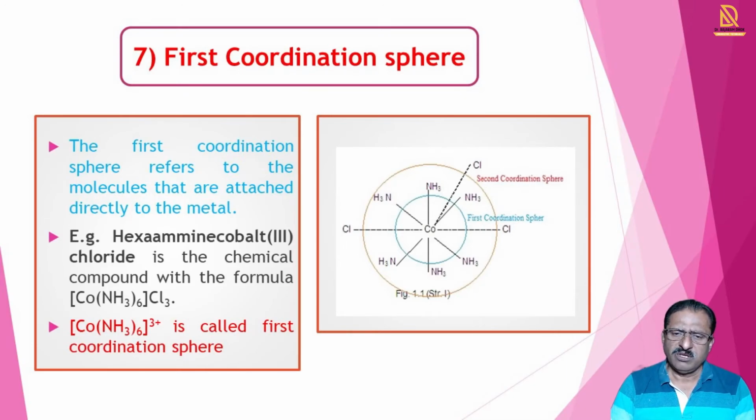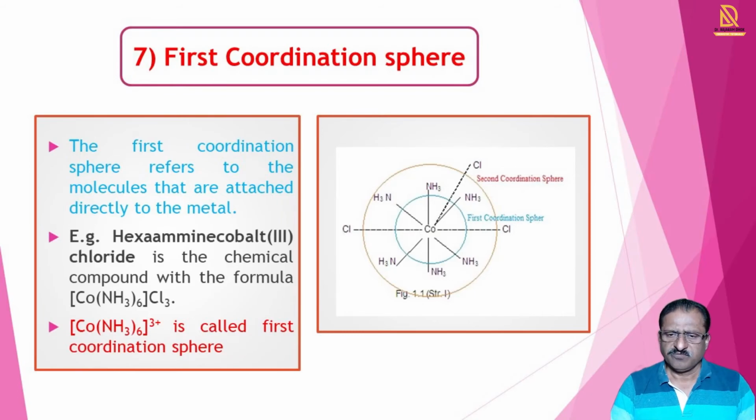For example, we take hexaamminecobalt(III) chloride. The chemical formula of this hexaamminecobalt(III) chloride is [Co(NH3)6]Cl3. In this, [Co(NH3)6]3+ is called the first coordination sphere.